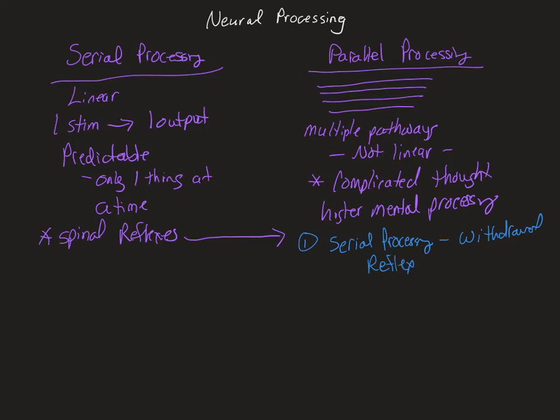So it basically goes to your spinal cord and then goes back out to your foot so that you pick your foot up off of the goat head. But the goat head is stuck in your foot and you're probably bleeding all over the place and you're very, very unhappy about this. So next you're going to do parallel processing.